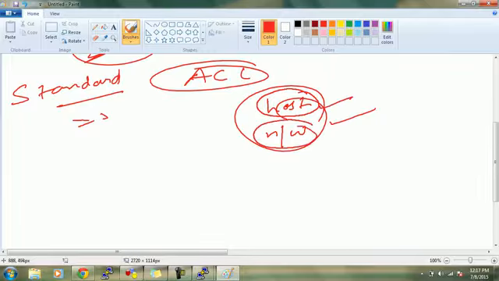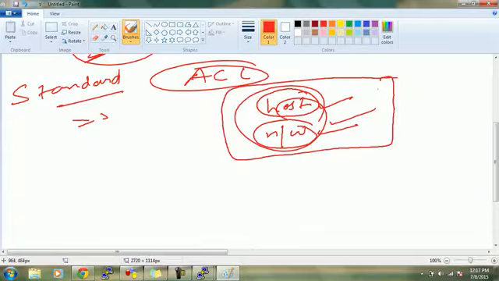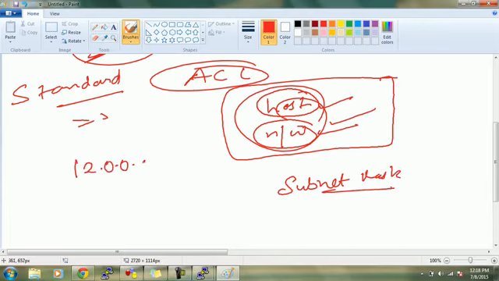Which thing will differentiate these two things? Subnet mask. If I write it like this, 12.0.0.0 0.255.255.255, what is this?